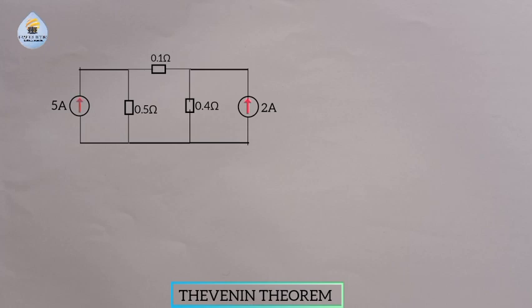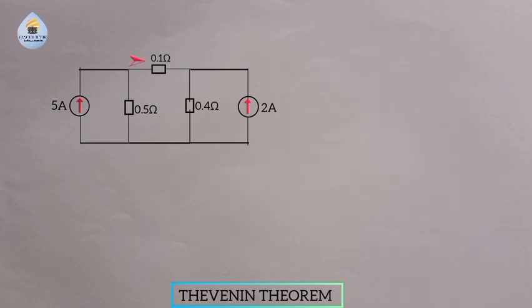If you look at the circuit closely, we have two current sources, which are 5 ampere and 2 ampere, and we have three resistors that have resistances of 0.5, 0.1, 0.4 ohms, and we are told to calculate the current that is flowing through the load.